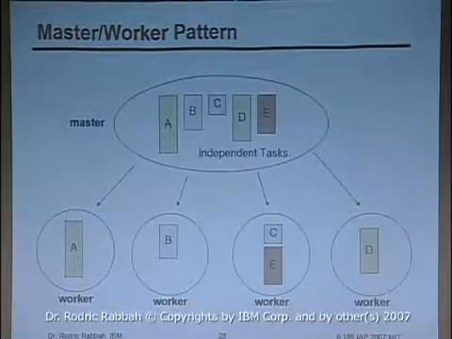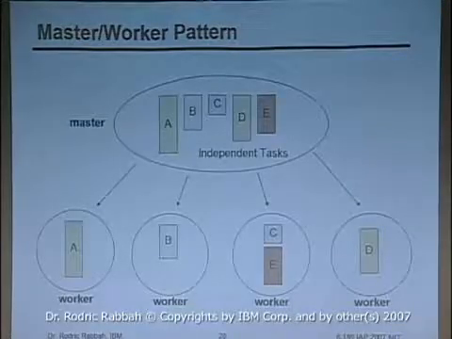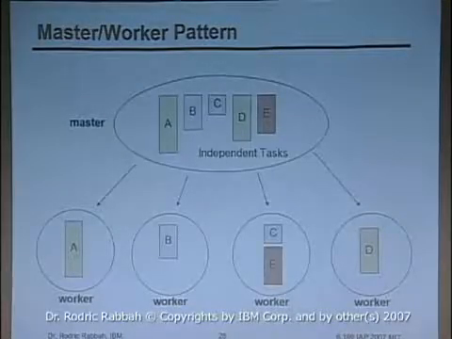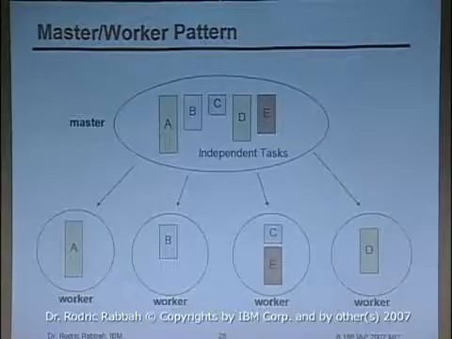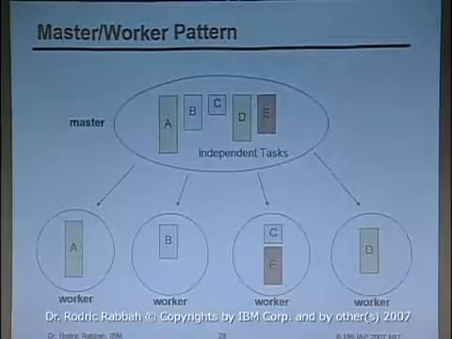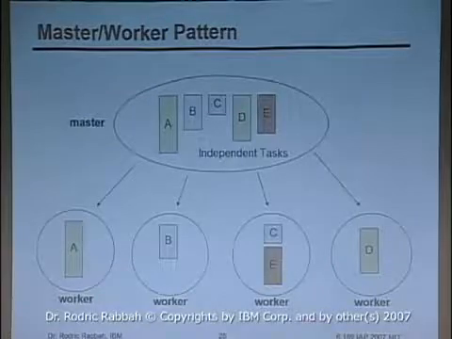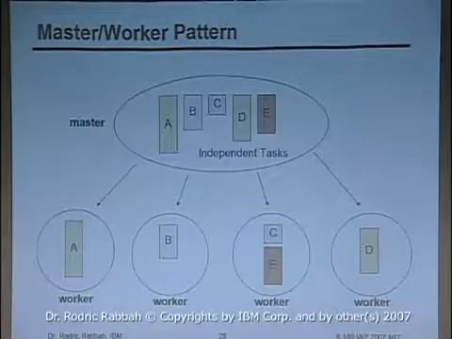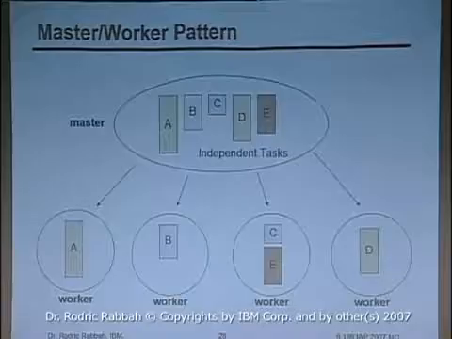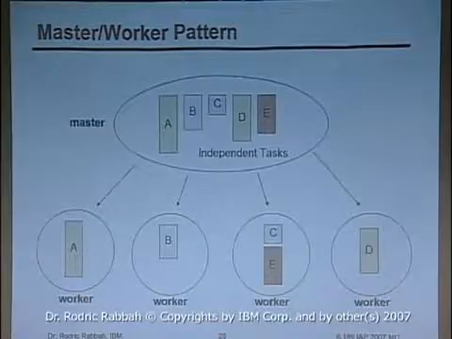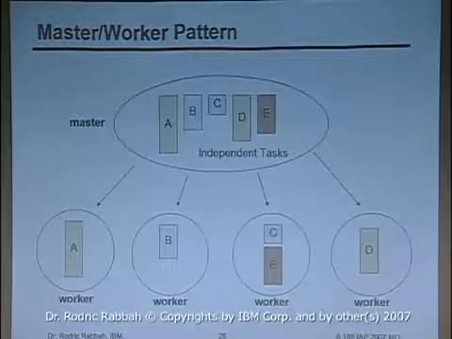In the master worker pattern, this is really starting to get closer to what we've done with the Cell recitations in the Cell labs. You have some world of independent tasks, and the master is essentially running and distributing each of these tasks to different processors. In this case, you get several advantages that you can leverage.